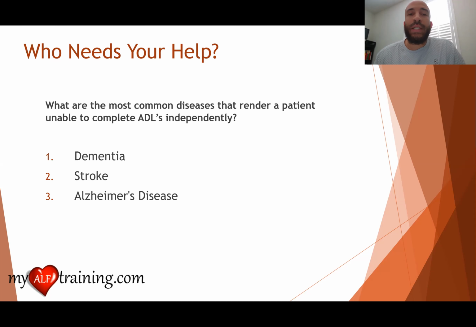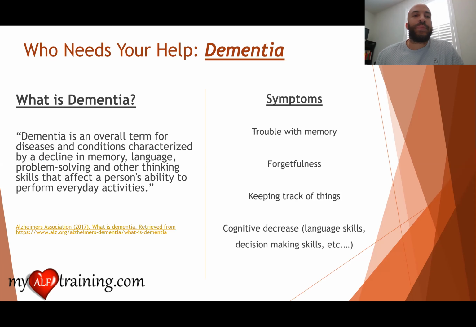Those three diseases, which you will most commonly see, are dementia, patients who have had a stroke and are just trying to live their life with the residuals of that stroke, and also Alzheimer's disease. So these are the most common diagnoses that you will likely be encountering in the patients that you care for who need your help to complete their ADLs.